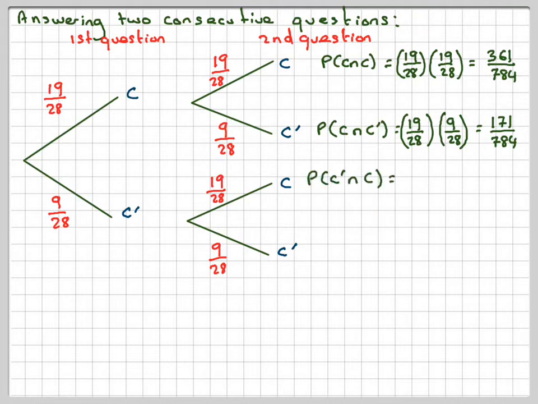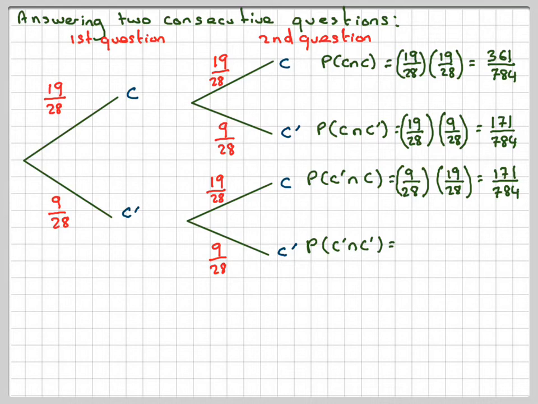And not correct and correct is the same idea, but just the other way around. Again, it's going to be 171 out of 784. And getting both incorrect is just going to be 9 out of 28 times 9 out of 28, which is 81 out of 784. If you add all the numerators up, you do get 784.